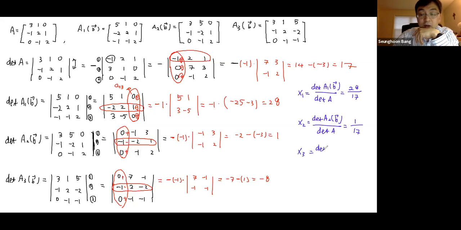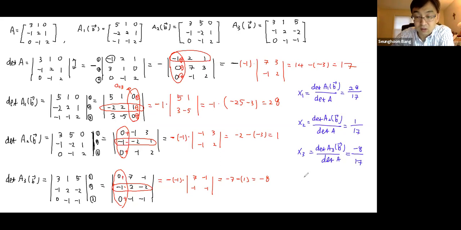The last one, x3. x3 is the determinant of A3B over the determinant of A. What's the answer? Negative 8. The negative 8 over 17. So that's it. This is the answer.